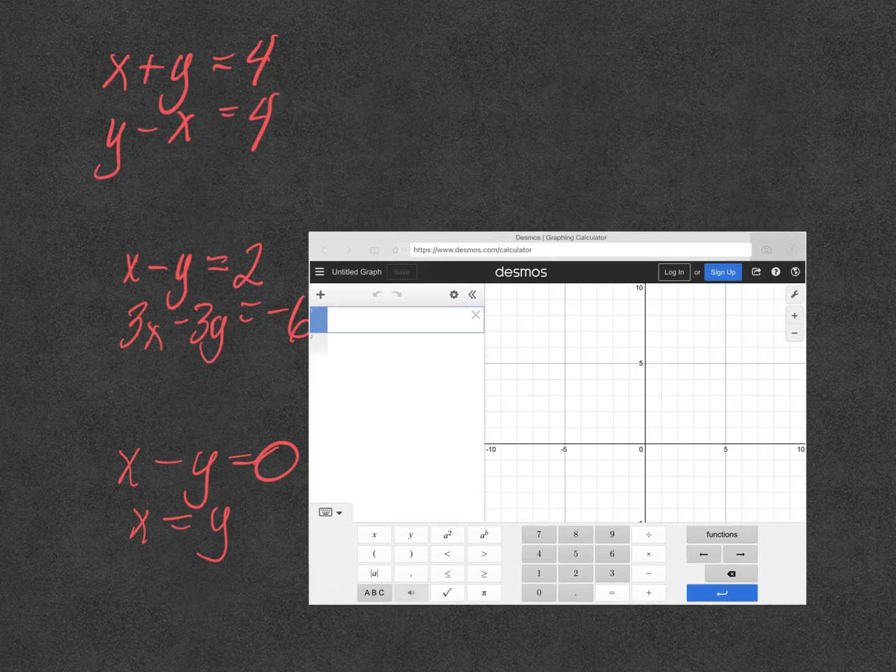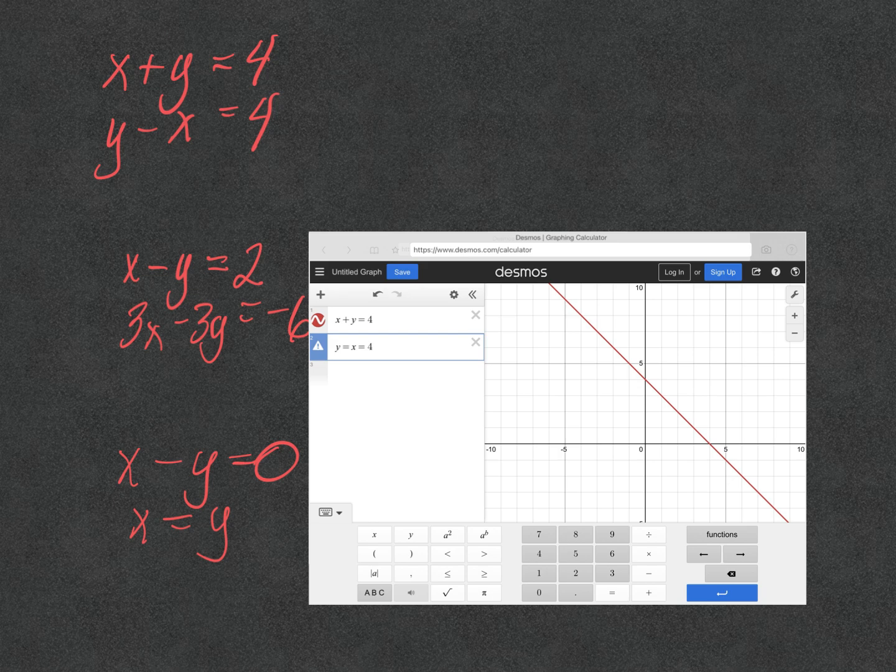Okay. So let's go ahead and graph the first one. x plus y equals 4. So there's that line. Now, what they're doing here is they're just getting x and y intercepts. And so that would be (4, 0) and (0, 4) for this one. And then we can do the next equation, y minus x equals 4.